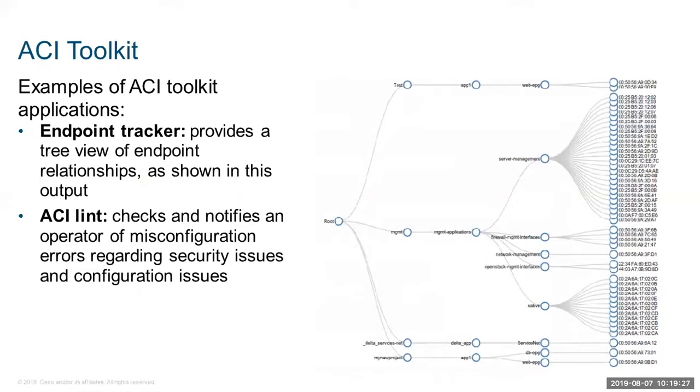Okay. Another open source developed utility is called the ACI Toolkit. It has some applications, actually several. Some common ones are shown here. One is called Endpoint Tracker. ACI Toolkit is not Cisco developed. It's an open source one.